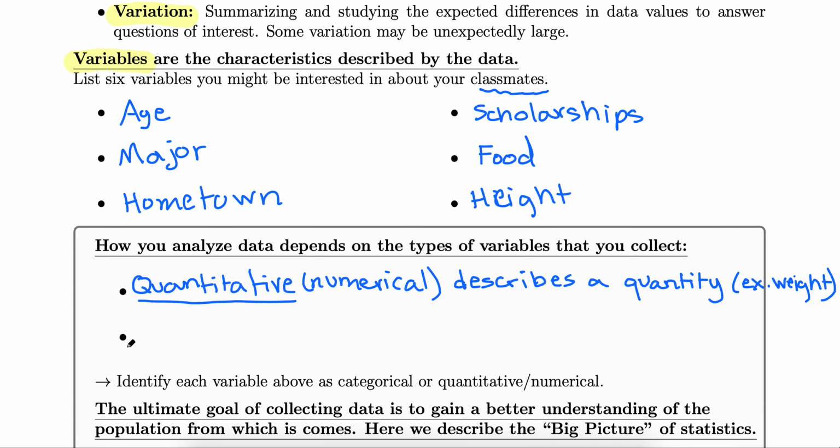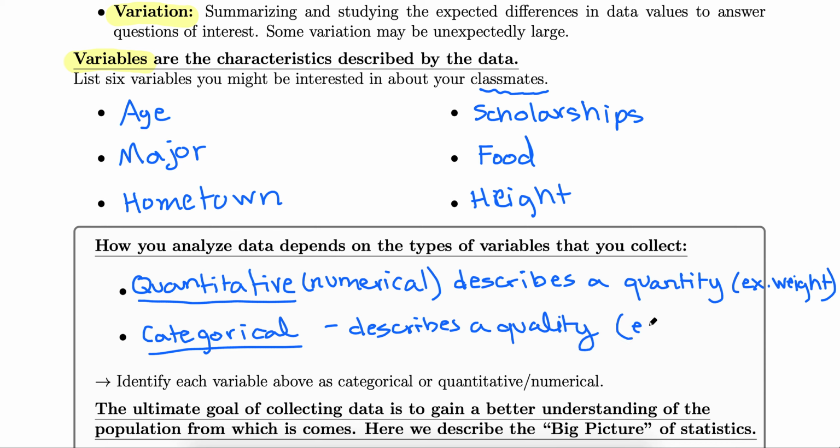The other type, you might be familiar with it, called qualitative. That's a very broad terminology. We're going to use something a little more specific to what we mean here, categorical. And by categorical, you think it has categories. And here I'll just say it describes a quality.